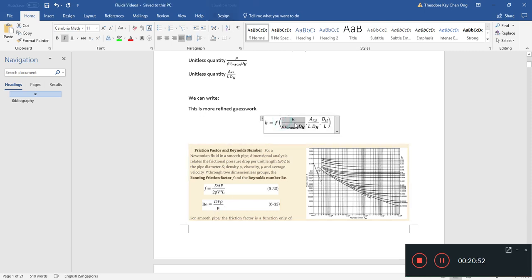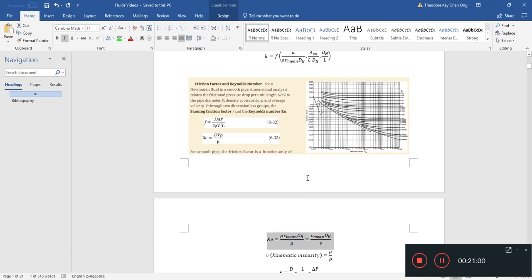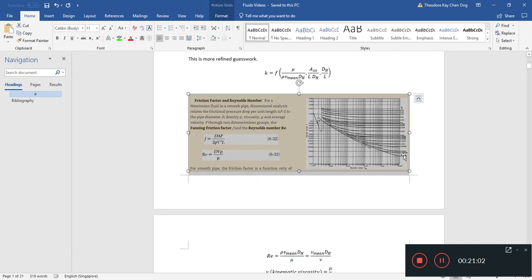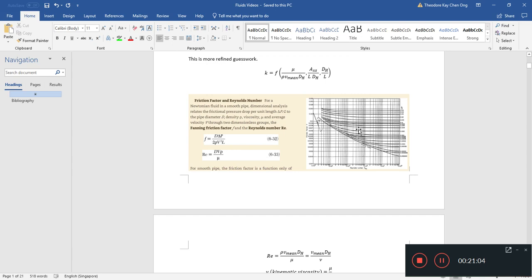When you inverse this ratio, 1 over this ratio, it becomes the Reynolds number. They found it out experimentally. You cannot guess it using Buckingham's pi theorem, but you have to do some experiments in order to find out which of these is important. And this Reynolds number is very important to help us correlate to K.